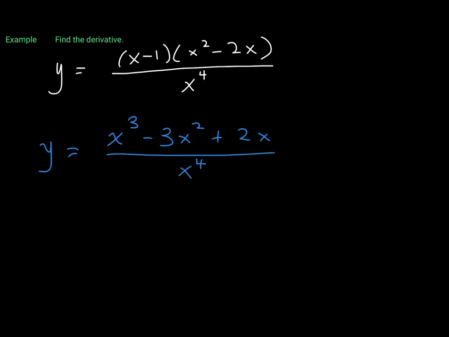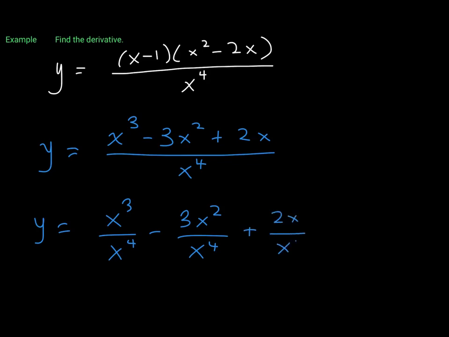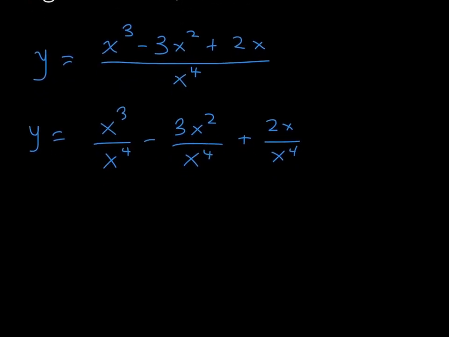And then divide this expression: x cubed minus 3x squared plus 2x, all of that trinomial divided by x to the fourth. So that's equivalent to saying x cubed divided by x to the fourth, also minus 3x squared also divided by x to the fourth, plus 2x, also that term divided by x to the fourth, right? Every term in the numerator divided by x to the fourth.